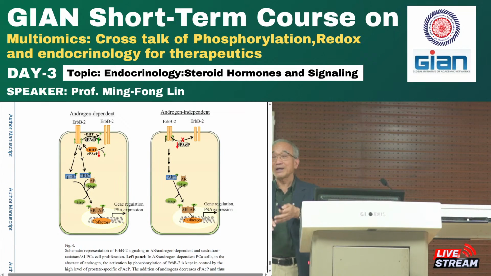So all this together shows that without the ERB2, androgen stimulation is abolished, androgen independence is gone. Okay, so indicating ERB2 is a key player, but not the EGFR. Are we clear?